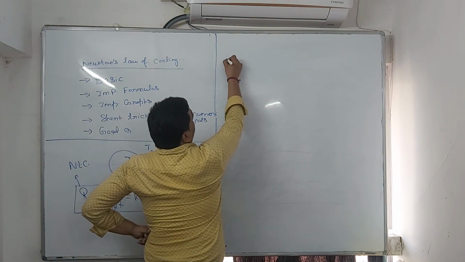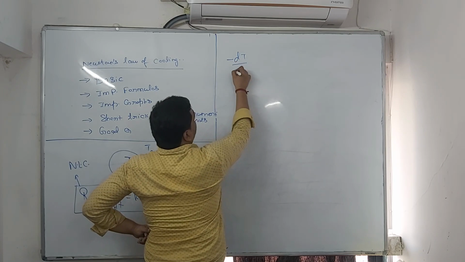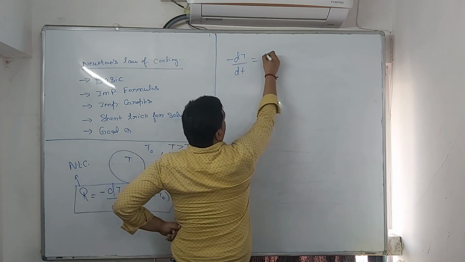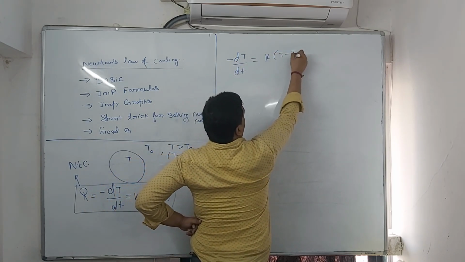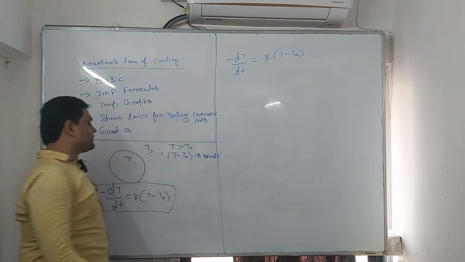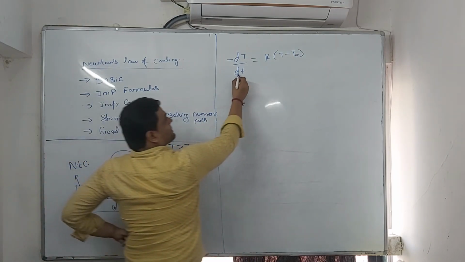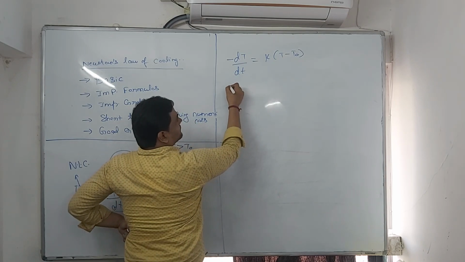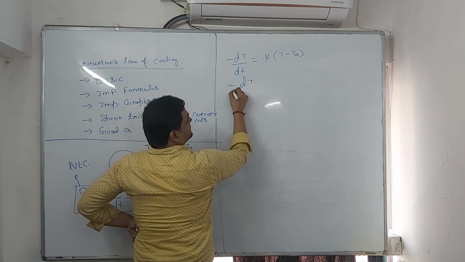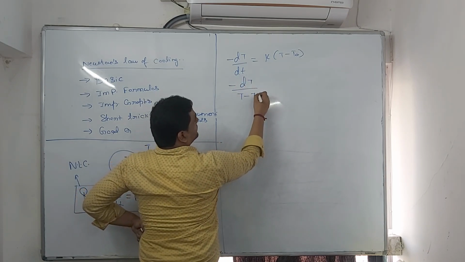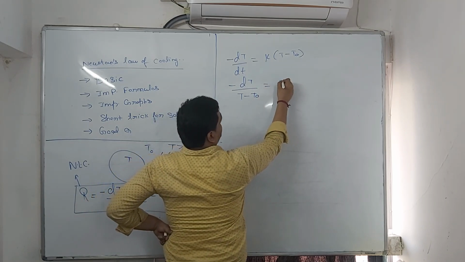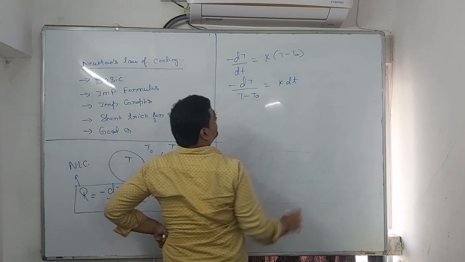Now minus dT by dt is equal to k (T minus T naught). Fine, this will go here. So minus dT upon (T minus T naught) is equal to k dt.